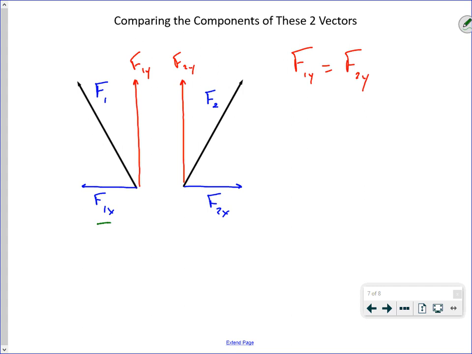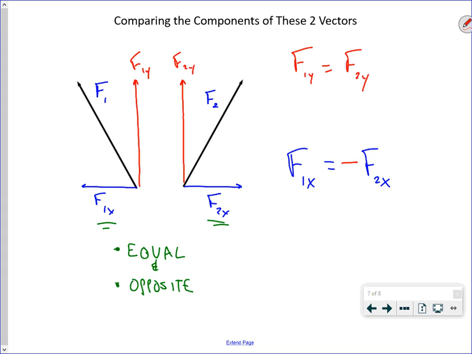So the phrase that I use to describe these is equal and opposite, which means their magnitudes are equal, their directions are opposite. So the best way to talk about these is to say that F1x is the same size as F2x, except points in the opposite direction.